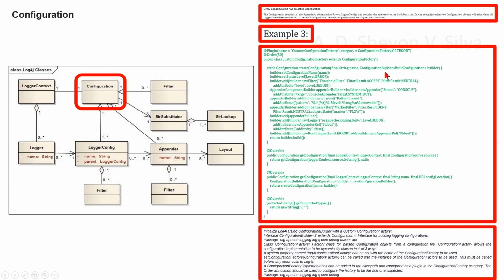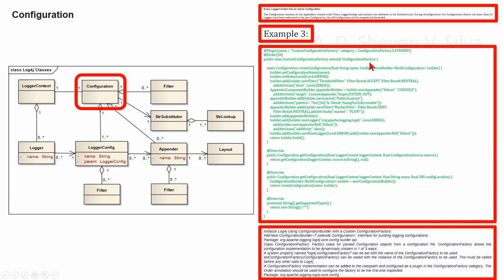This is an interface for building logging configurations, in package org.apache.logging.log4j.core.config.builder.api. Here the class ConfigurationFactory is the factory class for parsing a configuration object from a configuration file.